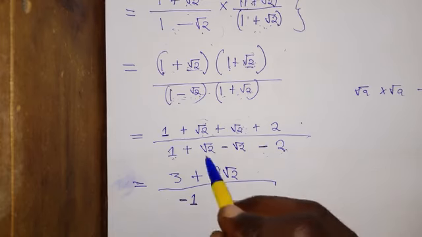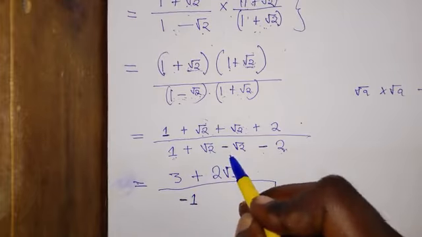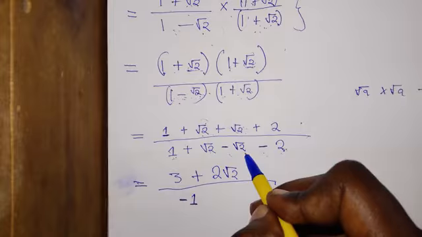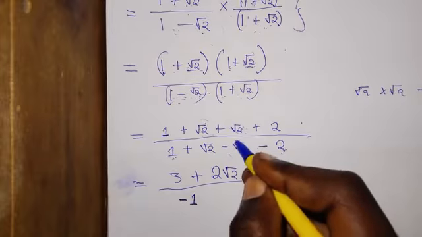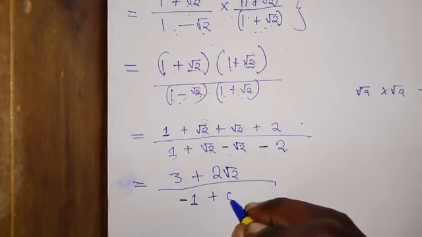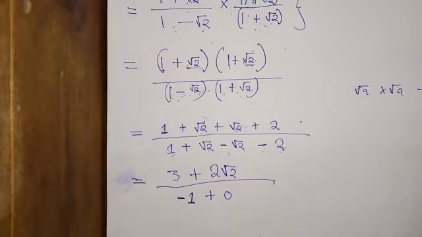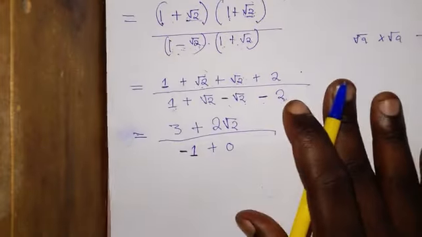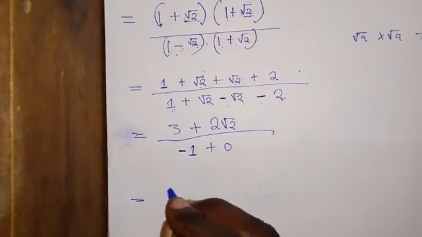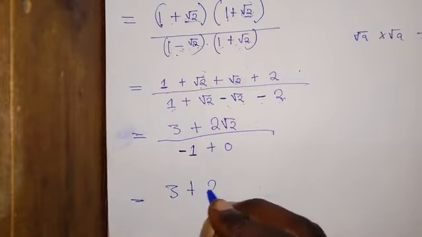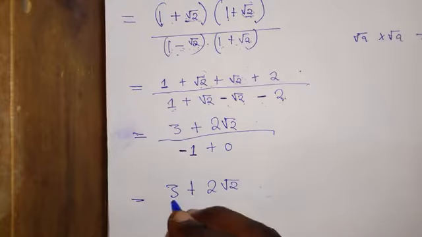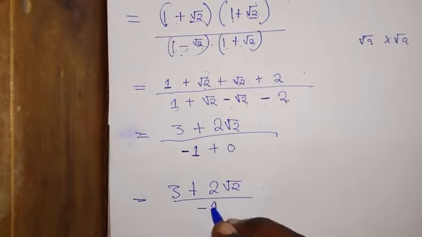Negative 1. And then we have root 2 minus root 2. What are we going to have? This is just basically a 0. So by the end, what do we have? We have 3 plus 2 root 2 over negative 1.